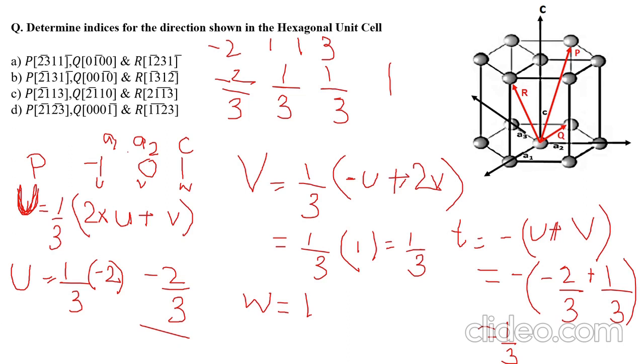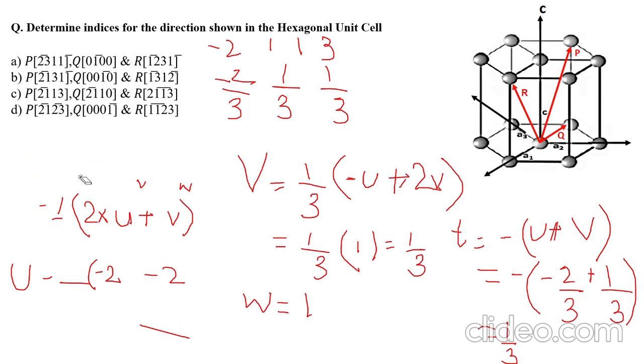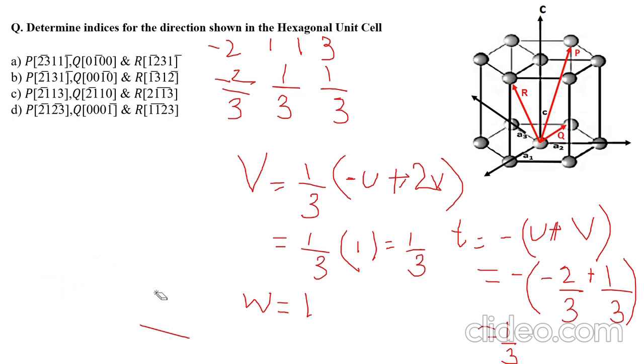Now can somebody find the directions for this Q? First in three indices, then in four indices. Can anybody tell me what are the indices for direction Q?